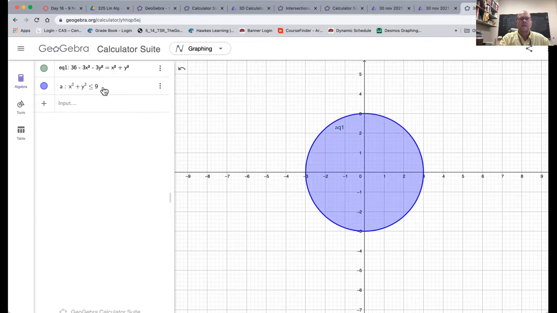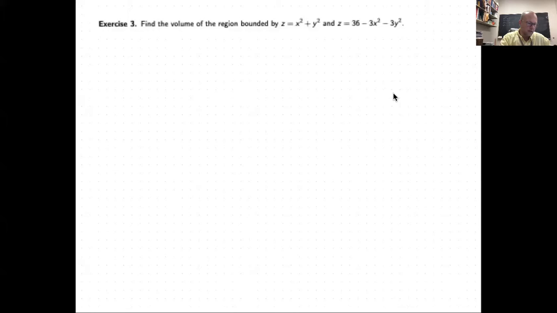Okay. So with that in mind, jumping back to the iPad to write down what we're doing here. So we're looking at the volume that's between these. I'm going to write it with a triple integral, 1, 2, 3, and dV, which I should have written first.